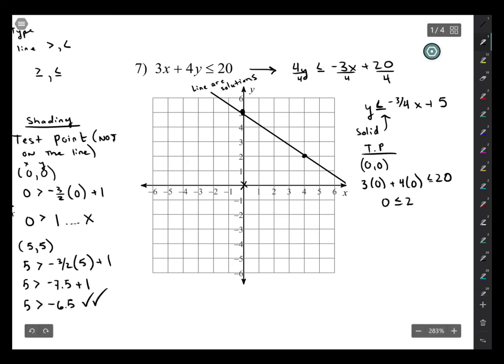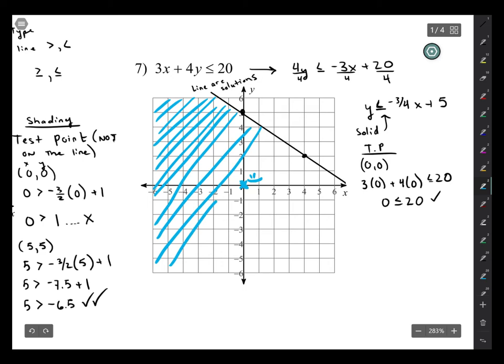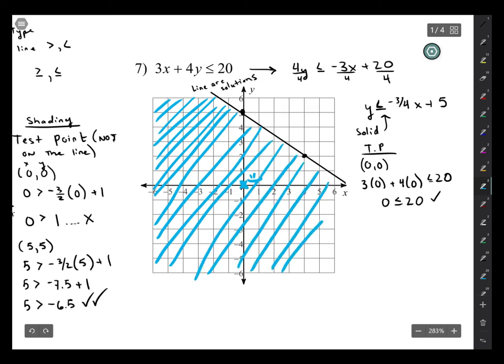That's why it's an easy point to pick. And 0 is less than or equal to 20. So again, that's the point we tested. It is true, so we want to include that in our shading. Okay, so that is where we would shade.